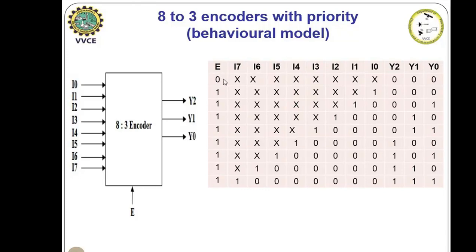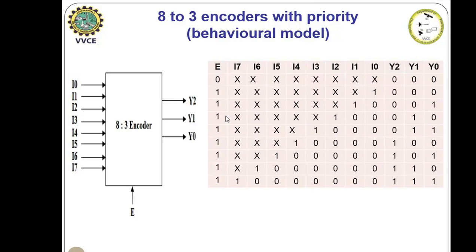Now when enable is equal to 0 and all my inputs are don't care, my output will be 0, 0, 0. When enable is high and only I0 is high and rest of the other inputs are don't care, my output will be 0, 0, 0. When my input I1 is high and I0 is 0 with rest of the inputs being don't care, my output will be 0, 0, 1.